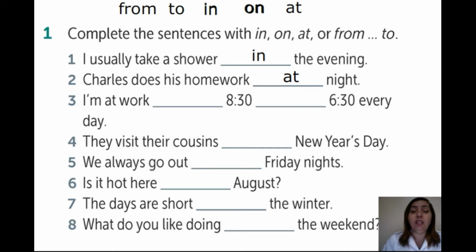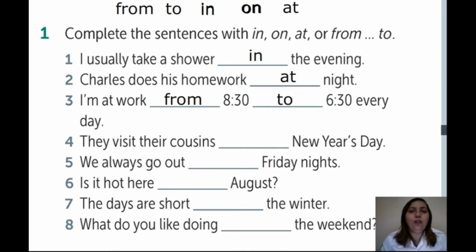I'm at work 8:30, 6:30 every day. So what is the best preposition here to complete the sentence? So the answer for number 3 is from 8:30 to 6:30. From to talk about the start and the end of a situation, right?